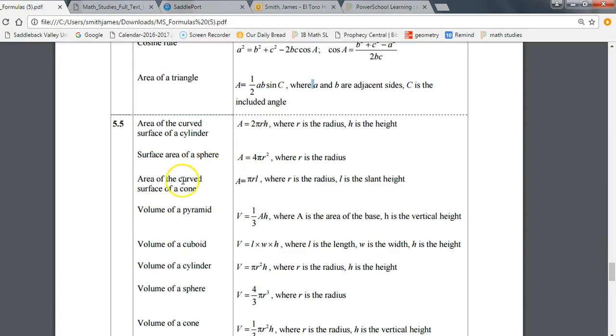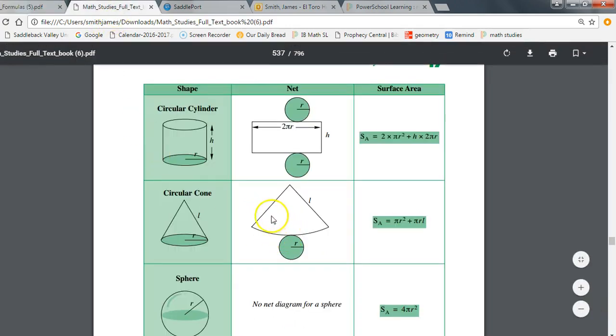The same is true when you get to a cone. Notice this is just the curved surface or the lateral area. It does not include the circular base. And so to this, I would also have to add in 1 pi r squared. They're giving me pi r l, which is just what they call the curved surface, plus I have to add in the pi r squared for the base.